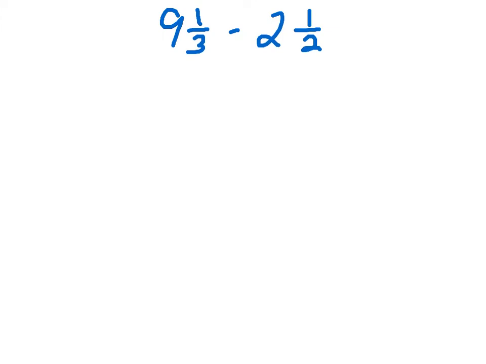Now let's look at a problem where we have to subtract two fractions with unlike denominators. Here we have two mixed numbers, and we can solve this in one of two ways. One way to do it is to create improper fractions out of them. But the first step we'll have to do is to get them to have common denominators.